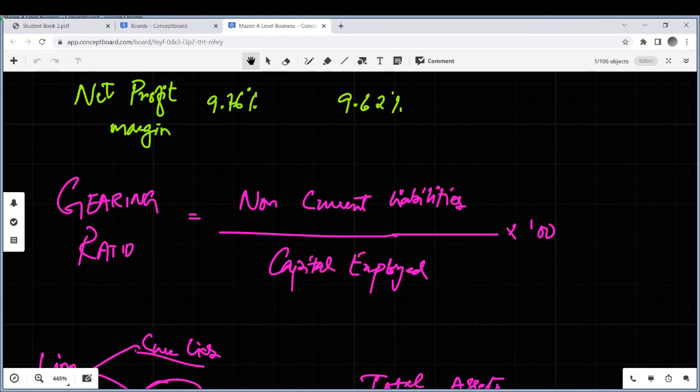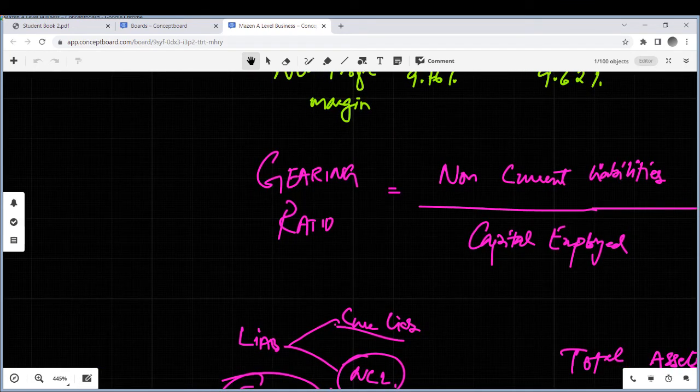This gearing ratio is sometimes also called debt to equity ratio. So what does the gearing ratio mean?